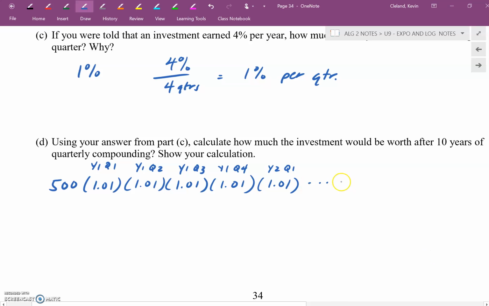Now we got to do that repeatedly until we get to year 10, quarter four.